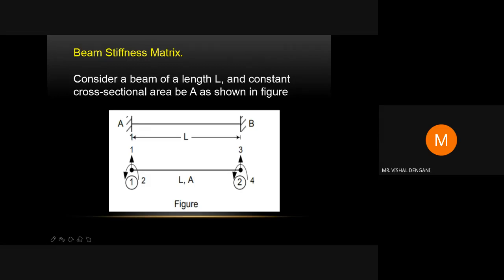Similarly at node 2, along Y direction is 3 and along Z direction is 4.